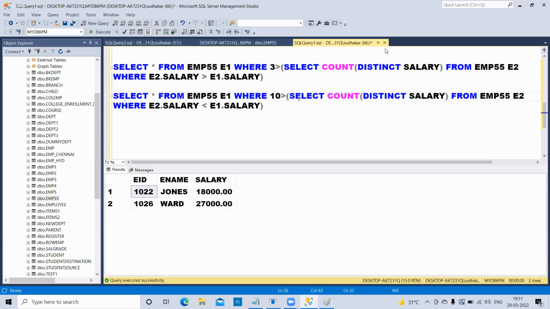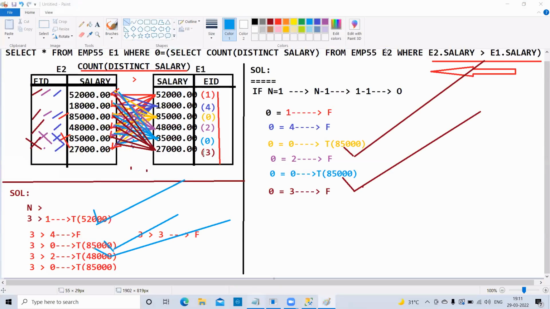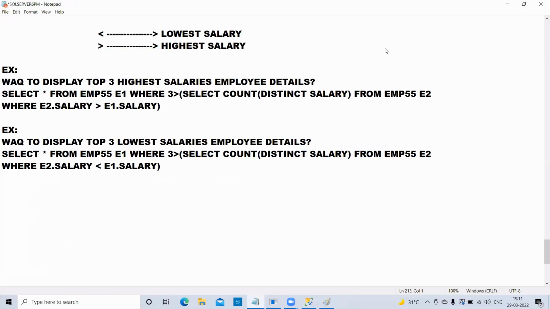So finally, what is the conclusion, guys? This point should be remembered. Note: to find the nth highest or lowest salary, my formula should be n minus 1.